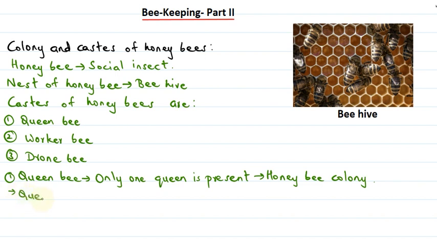So the queen bee is a fertile female bee, and she is formed from a fertilized egg.